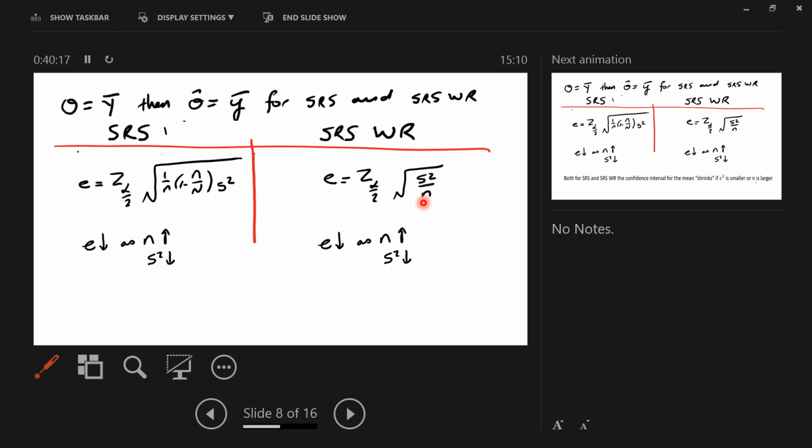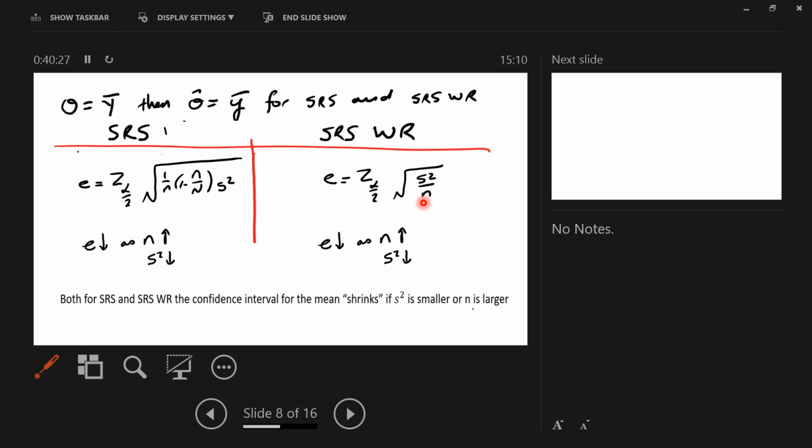So both of those, whether you're doing simple random sampling with or without replacement, if you're estimating the population mean, you will always get more accurate results. It can shrink your error if your S squared is small or if your N is large. Okay, it's very important. And you can choose the N.